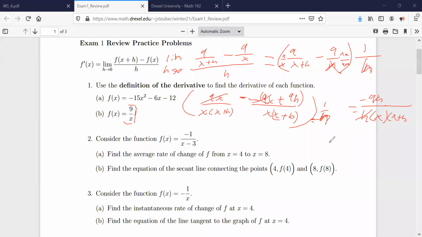These h's cancel, and I'm left with the limit as h goes to 0 of negative 9 over x times x plus h. But as h goes to 0, this just becomes x. So this is equal to negative 9 over x squared. Does that make sense to everybody?